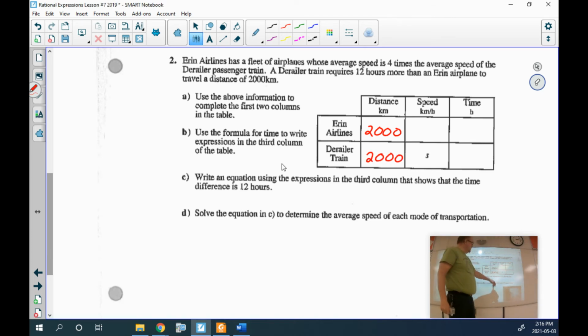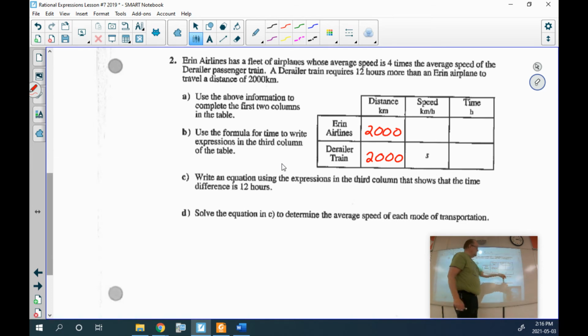This question says, I'm going to call the speed of the train S. Now, that makes sense in this case because we're not adding. The airplane has an average speed which is 4 times the average of the train.